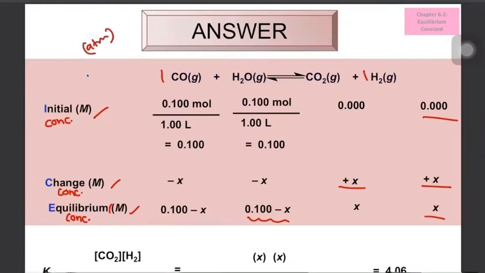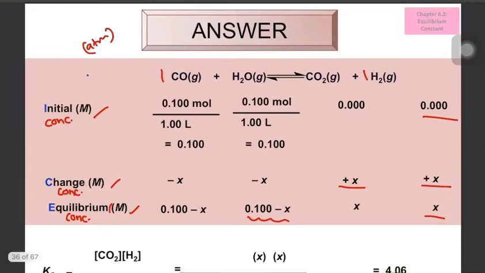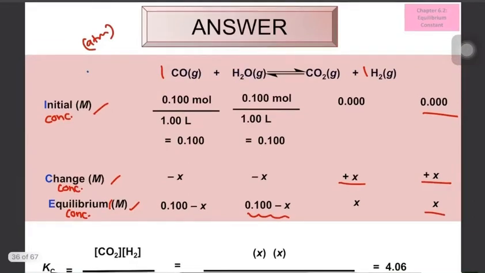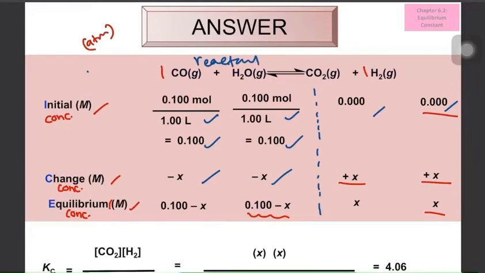Okay, so now, if you see your ice table, I think there is no problem for you doing this. Get the initial concentration of your reactants and your products; initial for the products will be 0. Okay, change is minus x for your reactant. For your product, it is plus x.